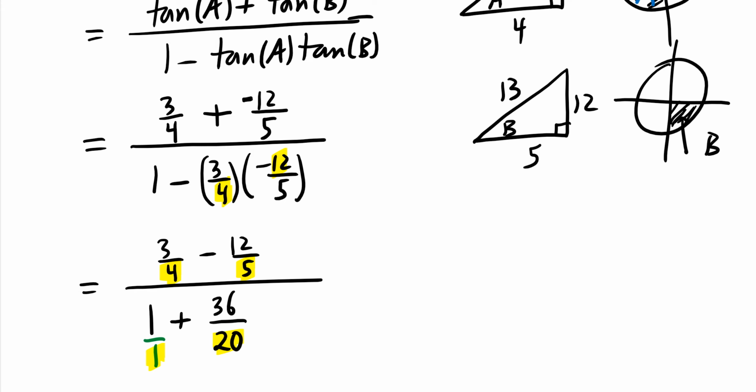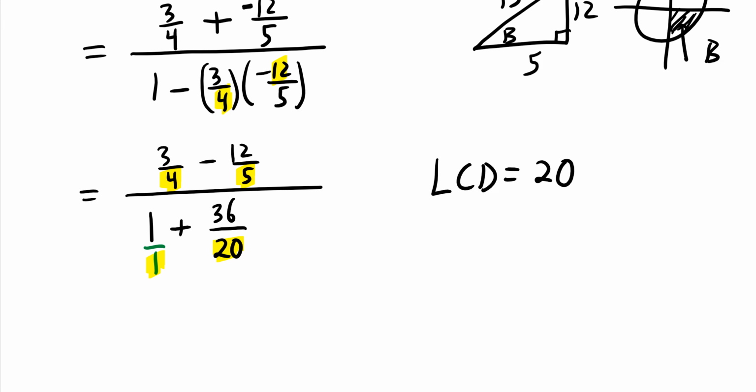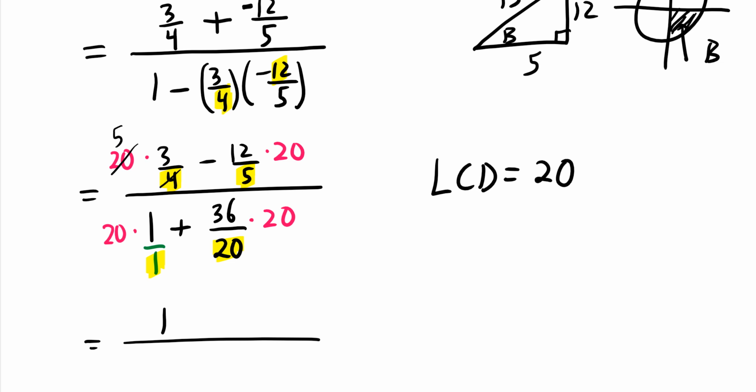What's the LCD of all of them? It's 20. This is the easiest way to clean all these fractions. So we multiply the top of each fraction by 20, by 20, by 20. That's the LCD. And let's see what we get. 20 divided by 4 is 5, 5 times 3, 15.